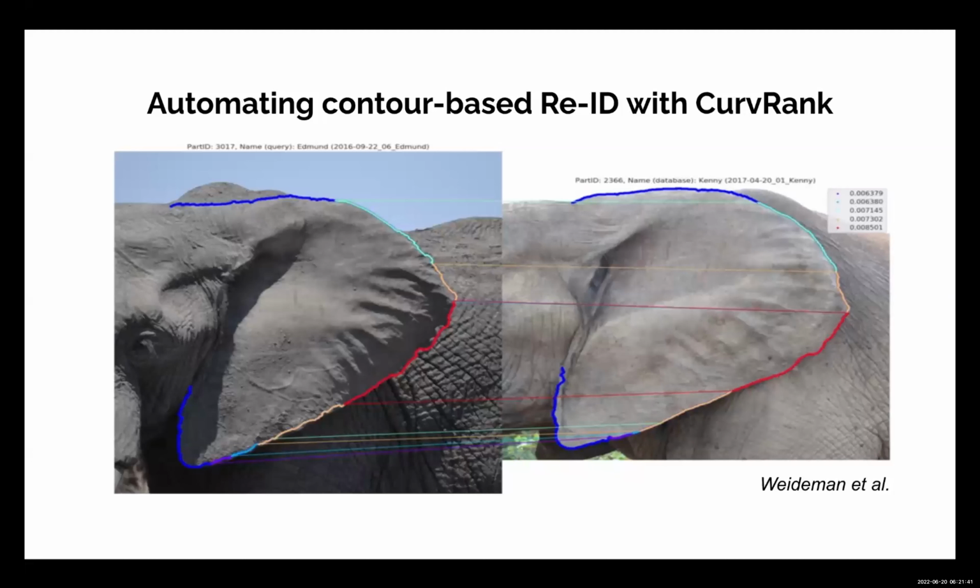It's not like a fluke against the ocean. And they were able to do pretty well with something they call CurvRank, which is basically a wavelet-based system. So they first extract the contours, and then they take different representations of that curvature, different smaller and larger segments of it to try to build some scale invariance into it. They build a representation of the contours, and then they're doing matching based on that.